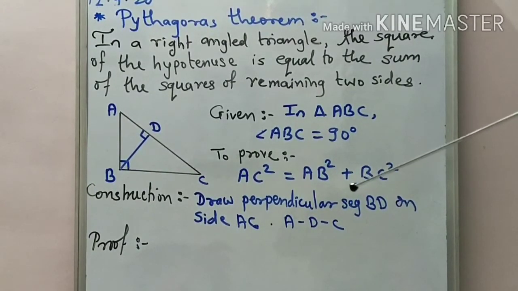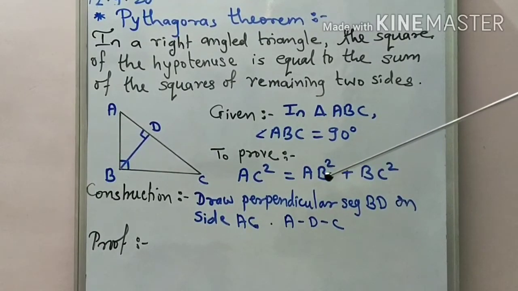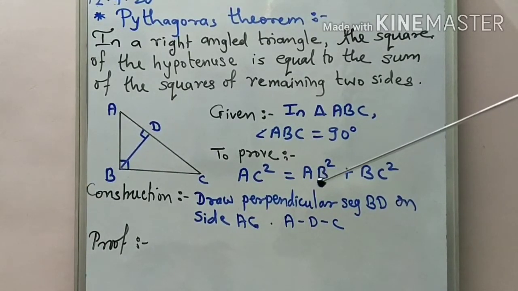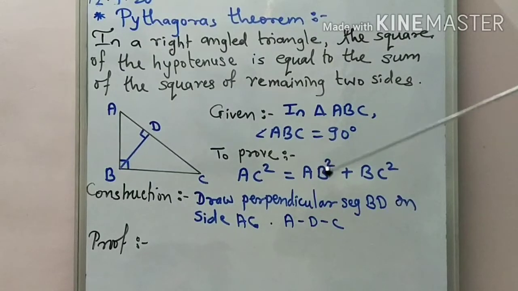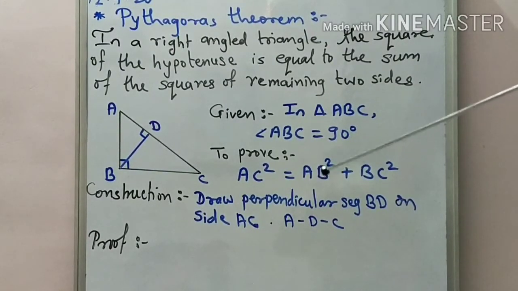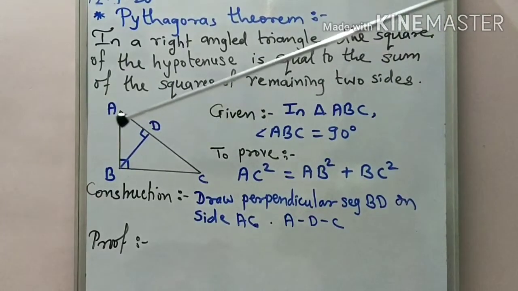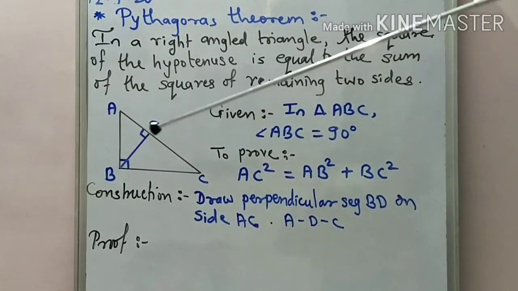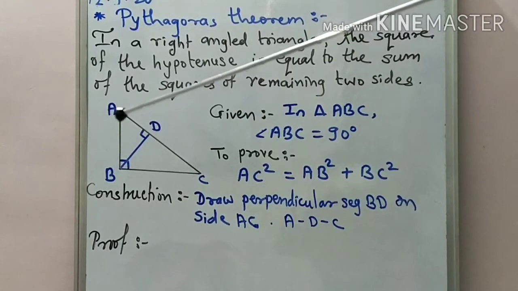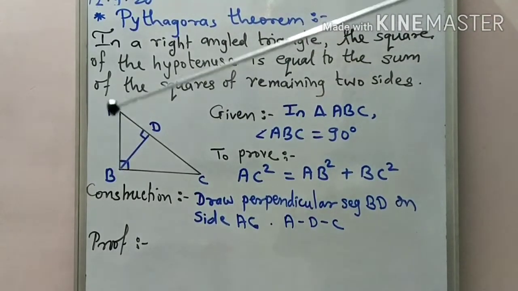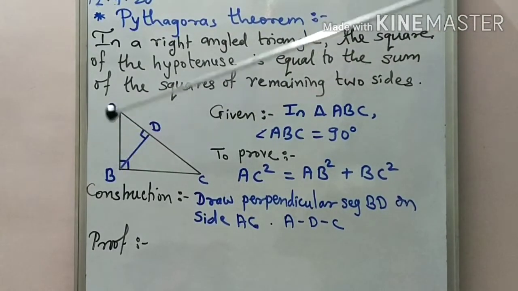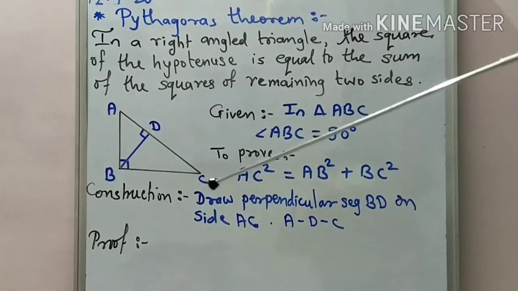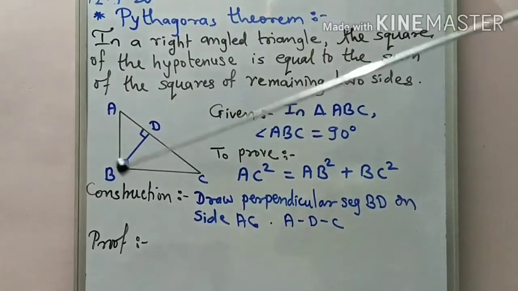Okay, so AB square means what? We form two triangles which have AB as a segment or side of the triangle. And we observe here, students, as we draw this altitude, here we have triangle ADB, where we have AB, and in the original one ABC also we have AB.